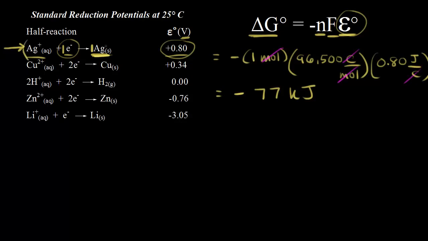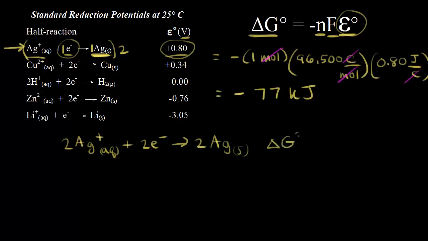So we need to multiply everything in our half reaction by 2. So we get 2 Ag+, so 2 moles of silver ions, plus 2 moles of electrons should give us 2 moles of solid silver. What would be the standard change in free energy that accompanies the formation of 2 moles of solid silver?